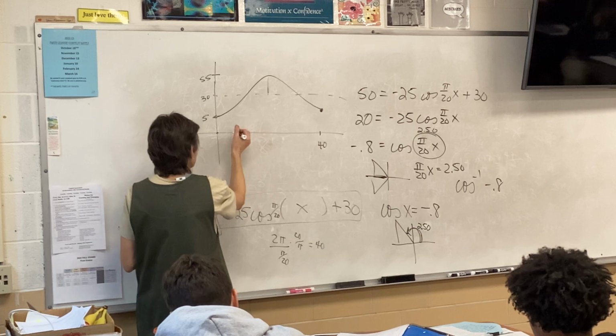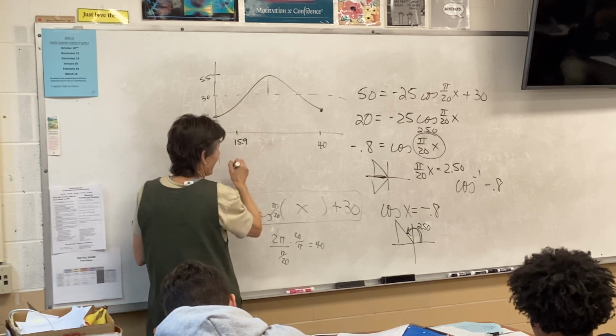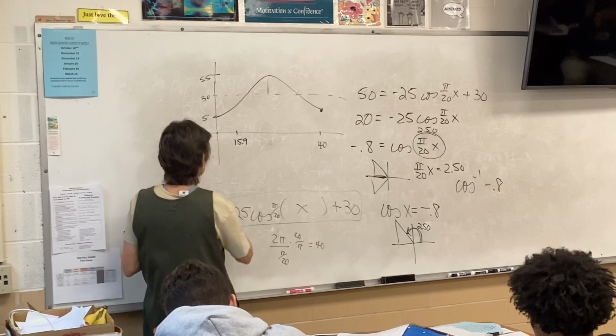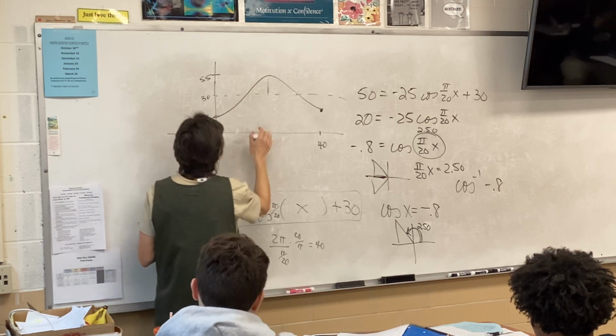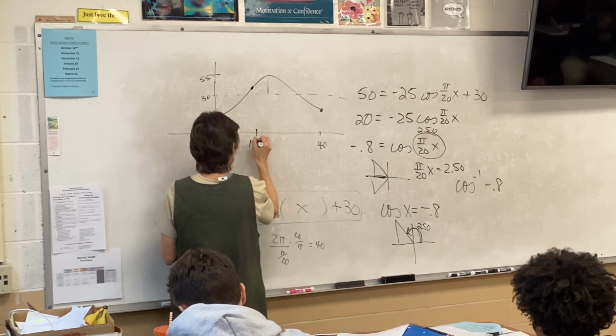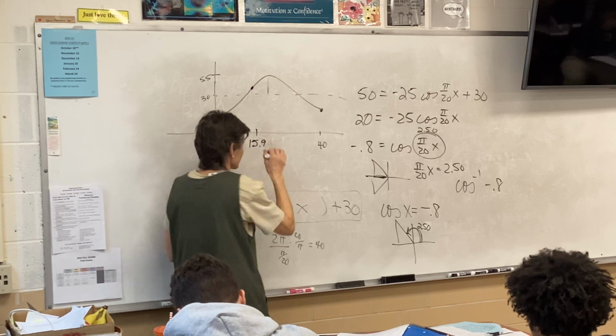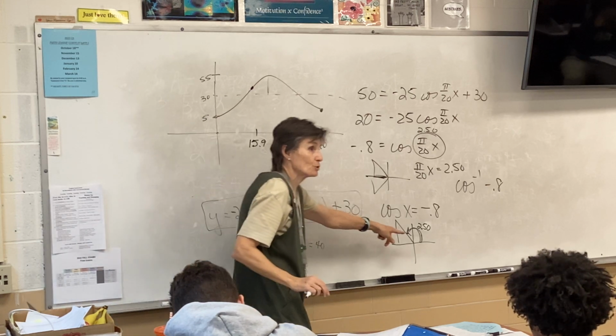So that means at 15.9, I am, how high was I trying to be above the ground? I'm 50 feet above the ground. This is where I'm 50, at 15.9. Now, remember Sydney said there were 2 answers?